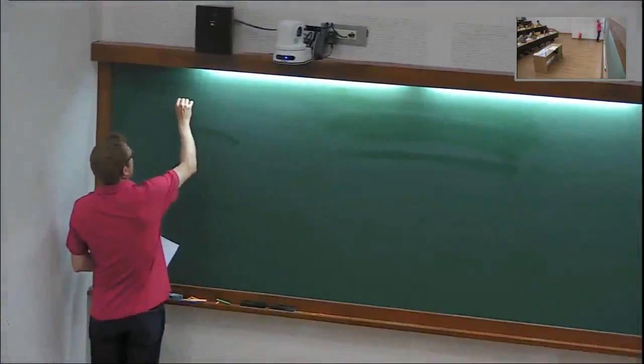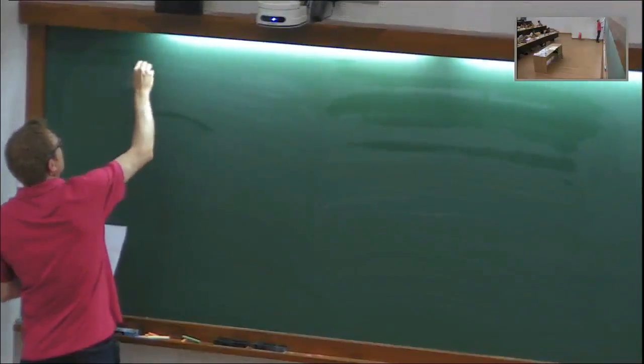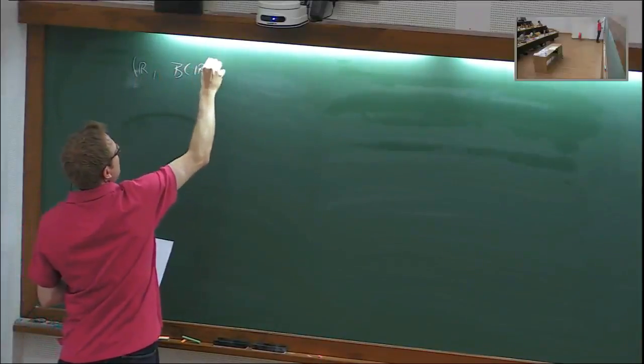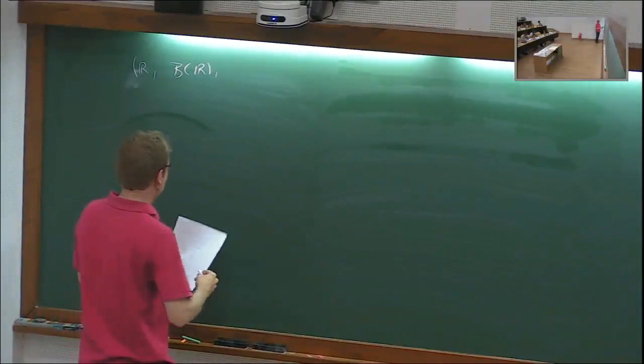So we have some distribution mu. Once again, we are on the real numbers, we have the Borel sigma algebra. After yesterday's session, we more or less know what this should be.